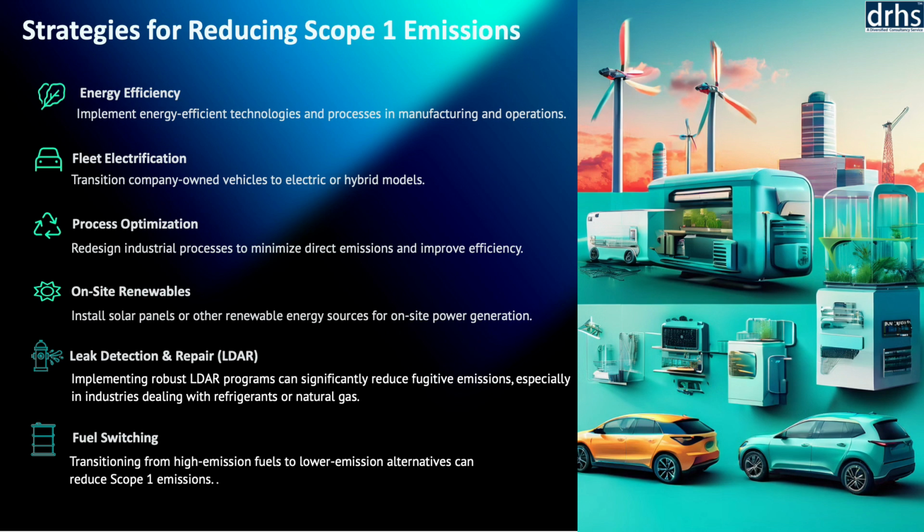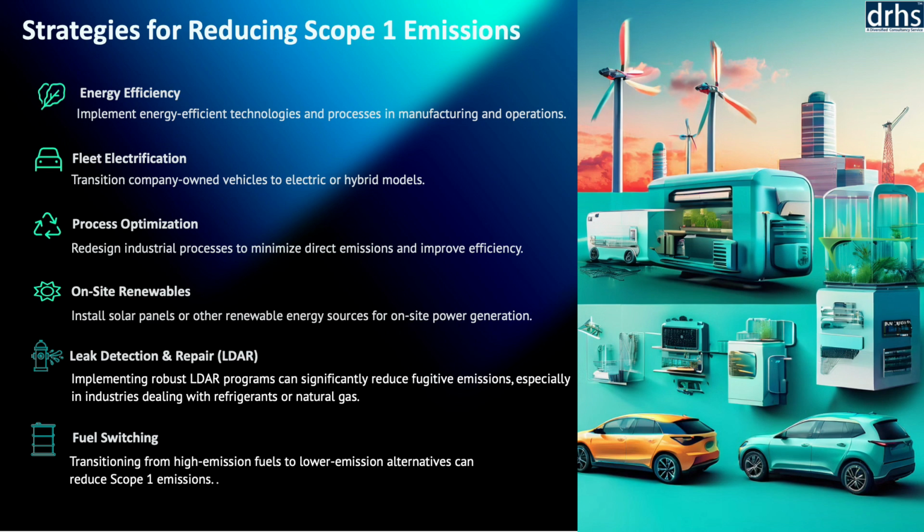Natural gas, for example, emits approximately 50% less CO2 than coal when burned. Moreover, the use of biofuel, which are derived from renewable organic material, can further reduce net carbon emission as they are considered carbon neutral over their life cycle.